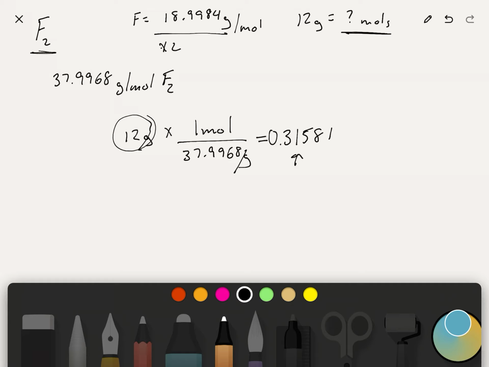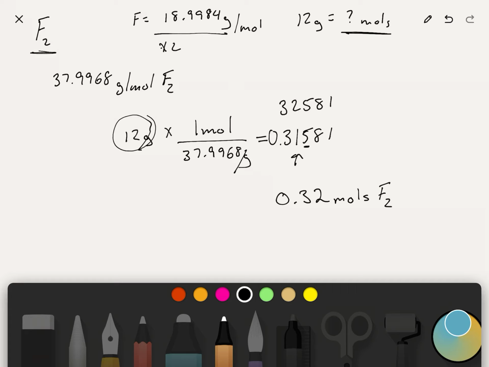Okay, so we have two significant figures here, so we're going to round to the second spot. 0.3. Now we look at this number, we see it's a 5. And our rounding rule for 5 is round to the even number. So we need to round to 0.32 moles of F2.